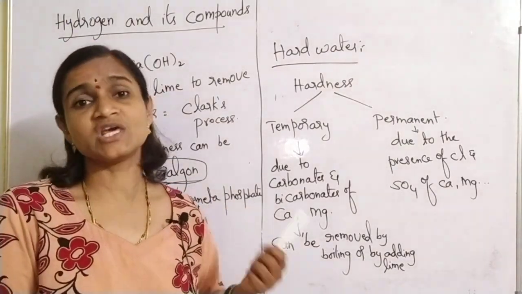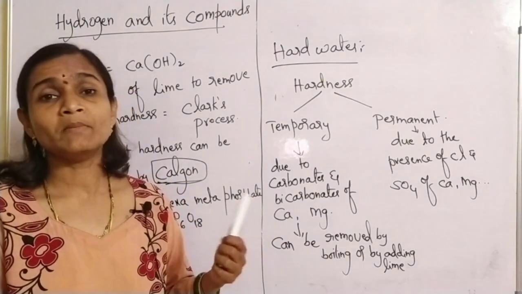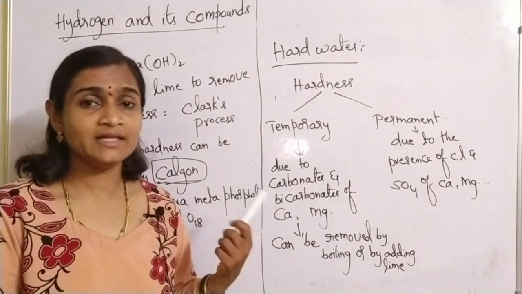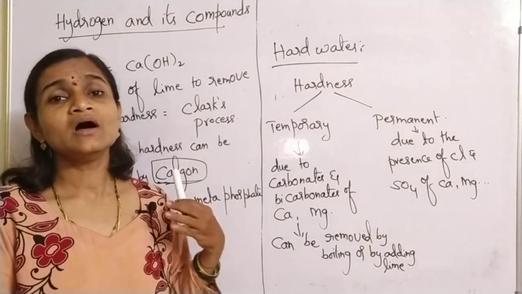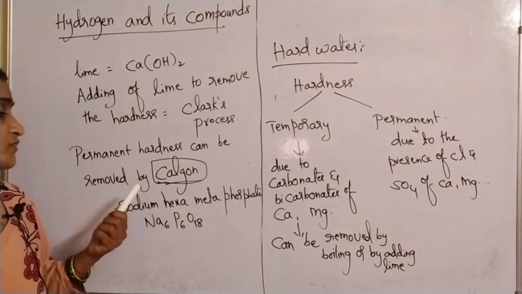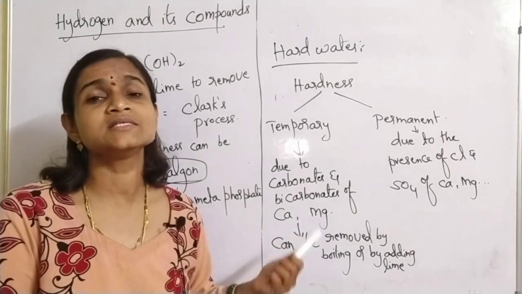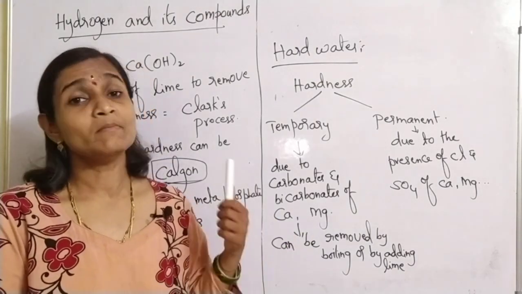They are the ion exchange method, the resins method. By adding resins, in that method also you can remove permanent hardness of water. Most of the time, the questions asked will be about the calgon method. Calgon is nothing but sodium hexametaphosphate.